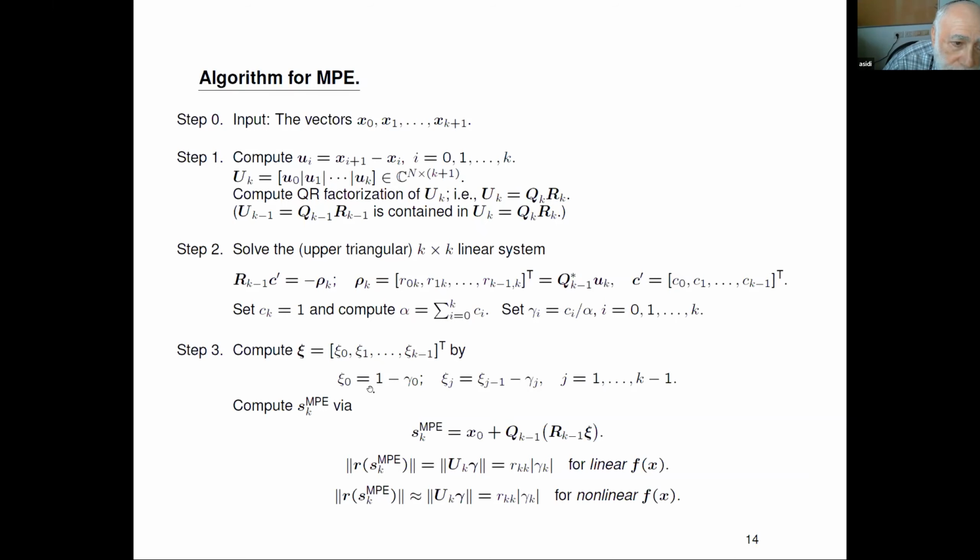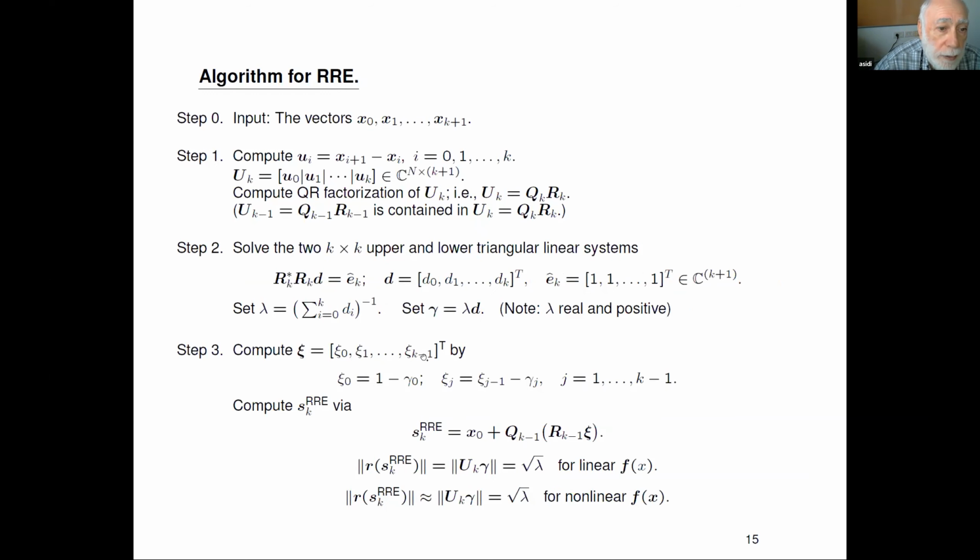Then you compute the size, as I said before, and then compute S sub k equals x0 plus U sub k minus 1 times psi. U sub k minus 1 is this product here. So you perform this operation first; you know the size, you know the R sub k minus 1, and you know the Q sub k minus 1, you've saved this vector. So you can compute this in a very efficient manner.